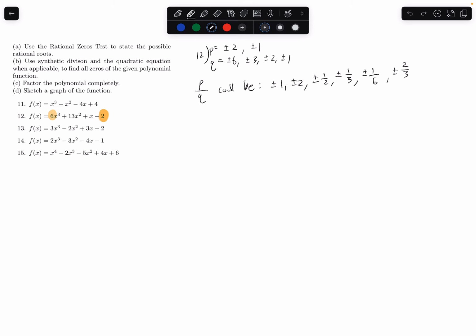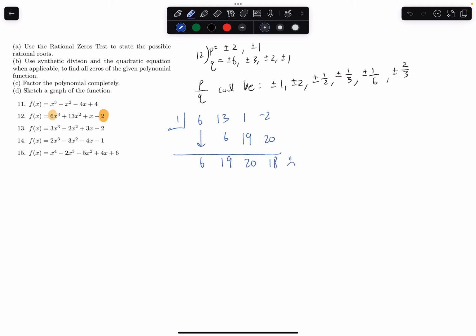Now that I have those, I'm going to just pick one and try to run my synthetic division. I like to start with 1 and -1 because those are usually easy ones to check. So let's do it. Bring the 6 down, multiply 1 times 6, that's 6. Add together, it's 19. 1 times 19 is 19, add, it's 20. 20 is not equal to 0, so that did not work.